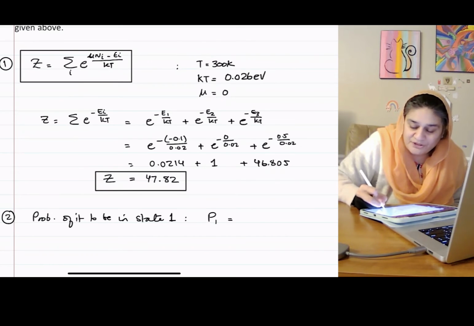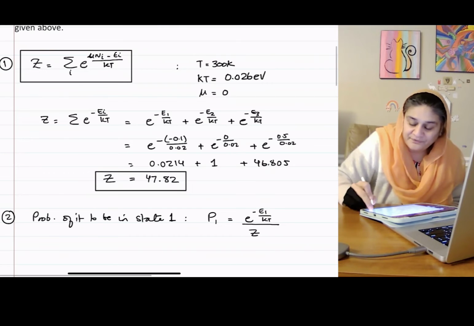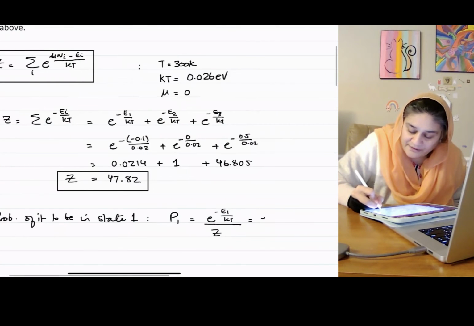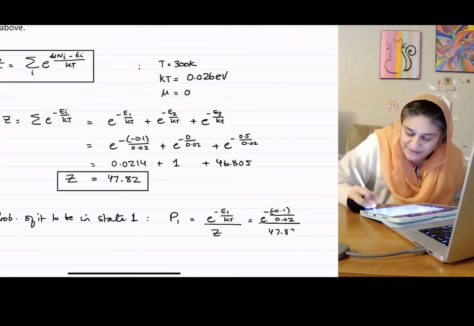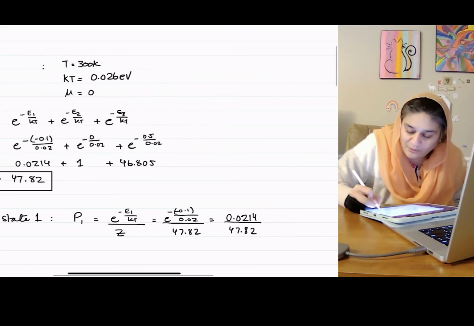P1 is just e to the minus E1 over kT divided by Z, or e to the minus 1 divided by 0.026, divided by 47.82, or 0.0214 divided by 47.82, or 0.045%.